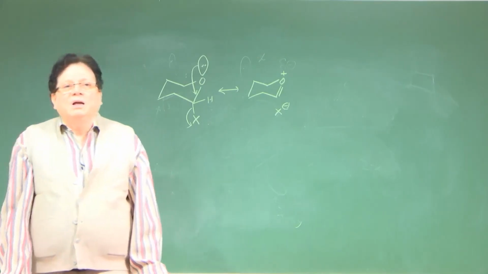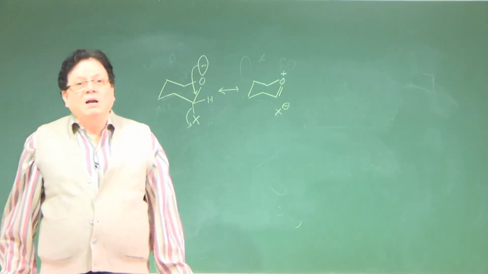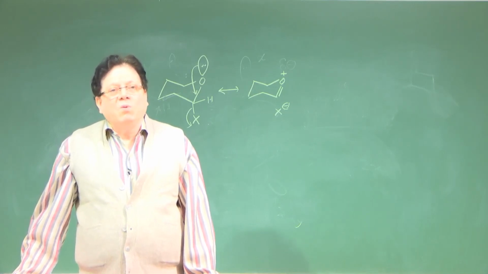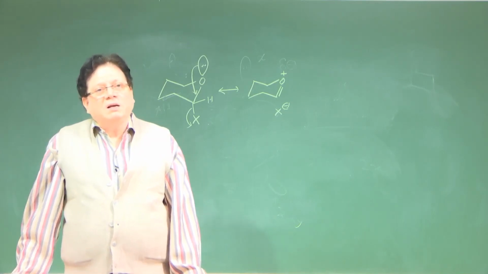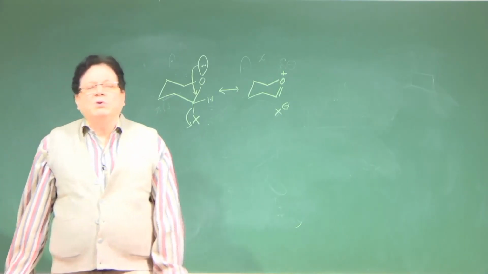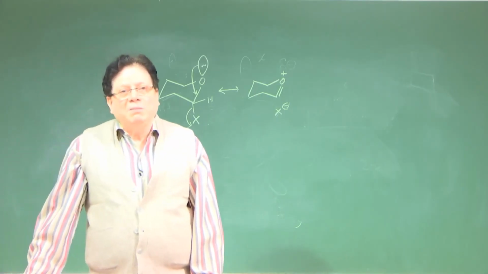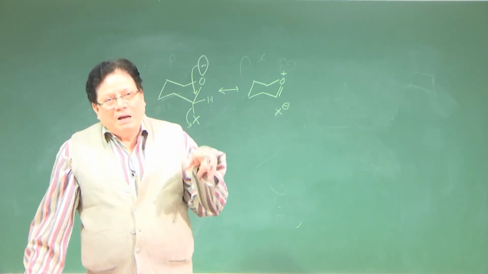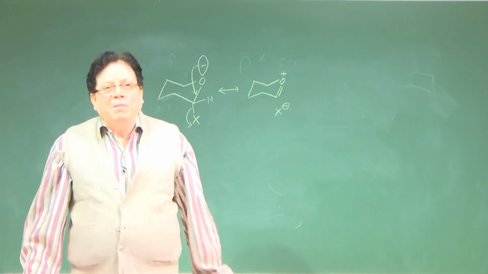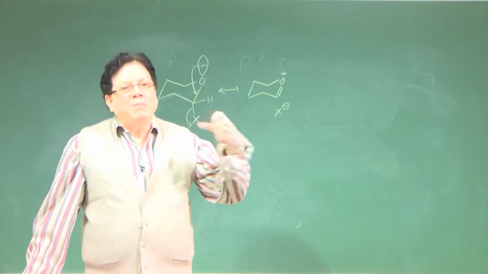Not only that, it approaches collinear, its line of attack is collinear with the carbon-leaving group bond. Why is that? Because if it approaches in a collinear fashion and opposite to the leaving group, then there is maximum possibility of overlap with the back anti-bonding orbital of the C-Cl bond. Okay. C-Cl sigma star has a lobe at the back side.